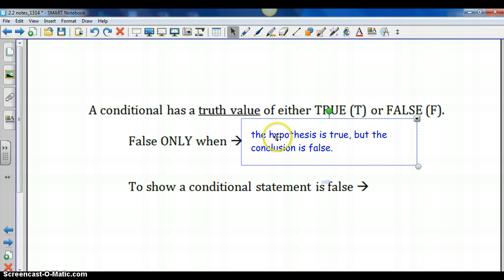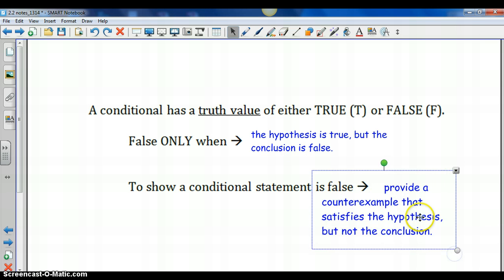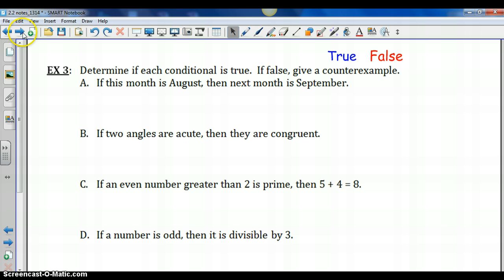If you have something that fits this hypothesis but disproves the conclusion, then your overall conditional statement is accepted as false. To show that a conditional statement is false, we need to provide a counterexample that satisfies the hypothesis but not the conclusion. So let's practice this.